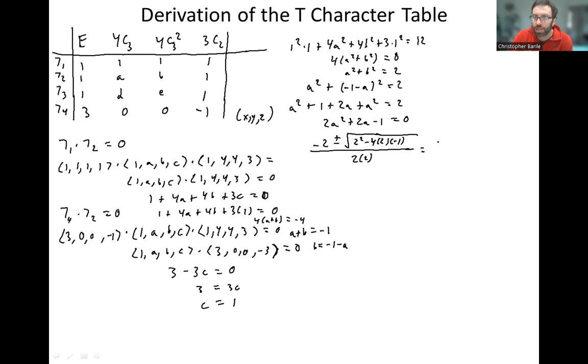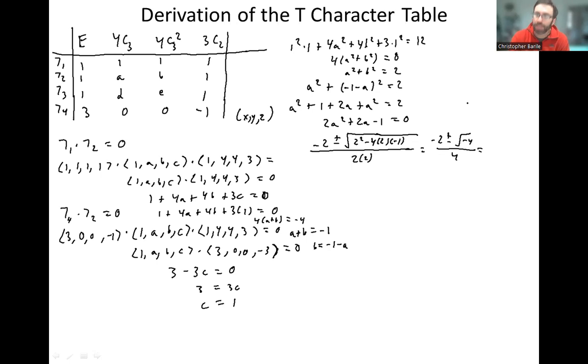Well, that equals negative 2 plus or minus, let's simplify this part, 2 squared is 4, so 4 minus, and this becomes 8, the square root of negative 4, all over 4. Well, the square root of negative 4 is equal to the square root of 4 times negative 1.